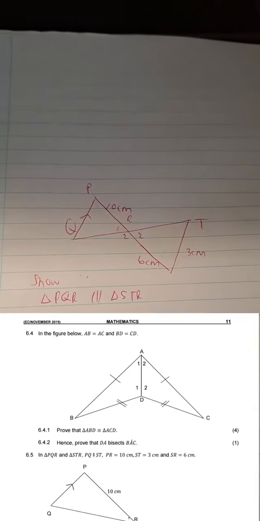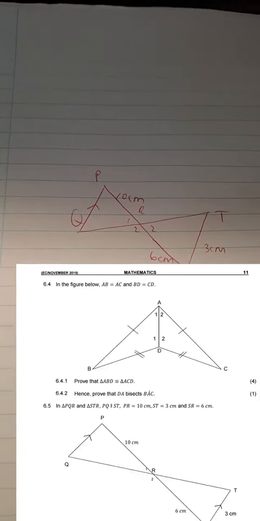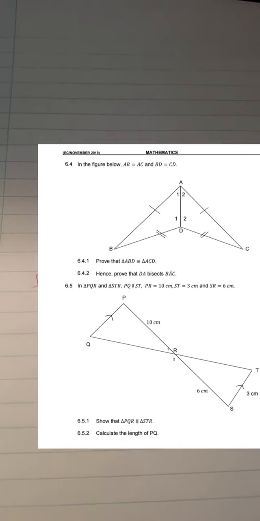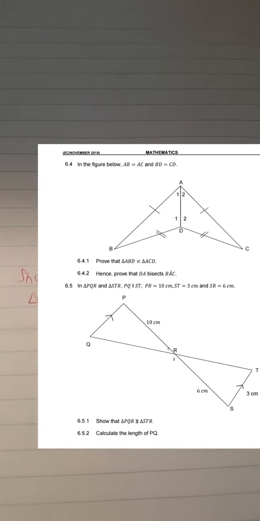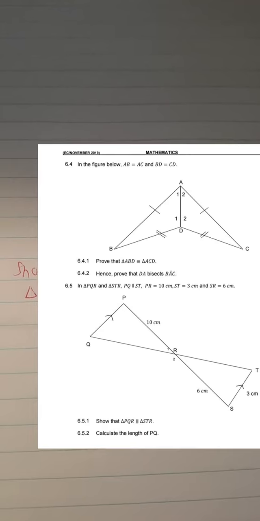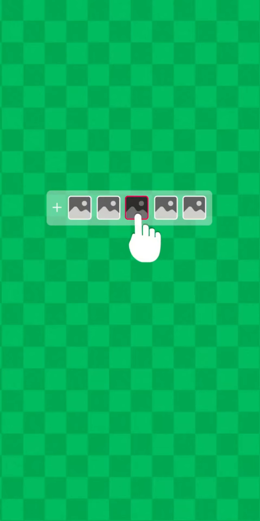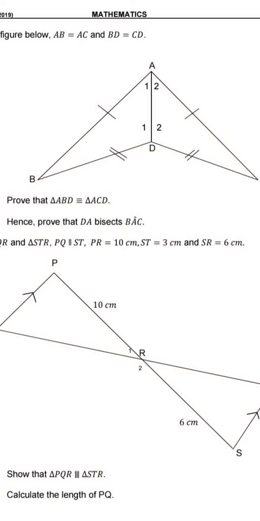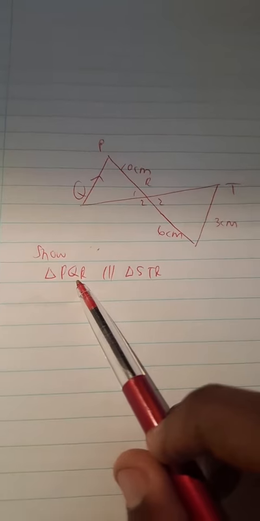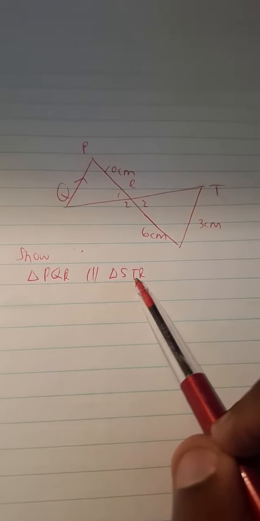I'm just going to remove it, let's just remove it entirely. Okay, here we are. We need to show that triangle PQR is similar to triangle STR.